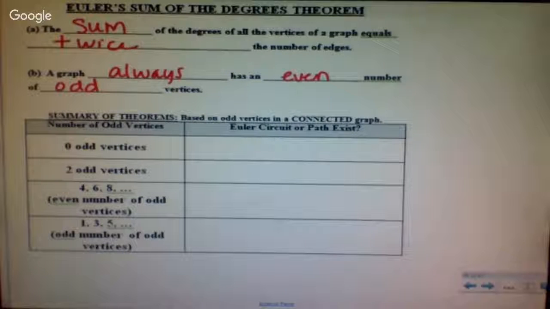So, to sum everything up in a nice little chart, if I have no odd vertices, what do I have? Circuit. If I have exactly 2 odd, I have a path. If I have an even number of odd vertices, so 4 odd or 6 odd or 10 odd, what would my answer be?